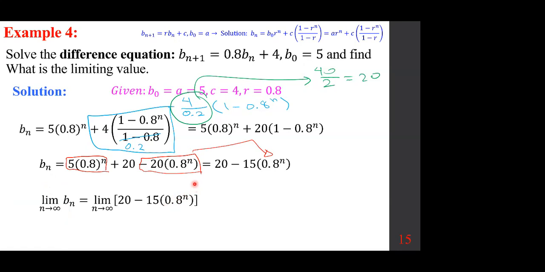Why is that? Because 0.8 is between negative 1 and 1. This goes to 0. Minus 15 times 0 goes to 0. The answer is 20. Okay. Again, pretty straightforward. I hope everybody's okay with this.